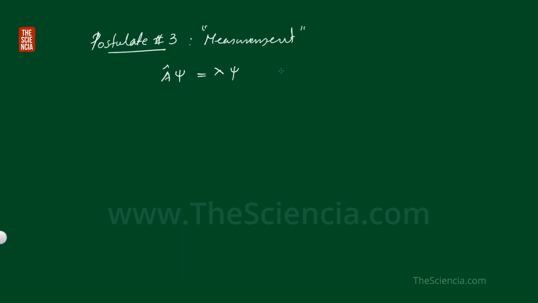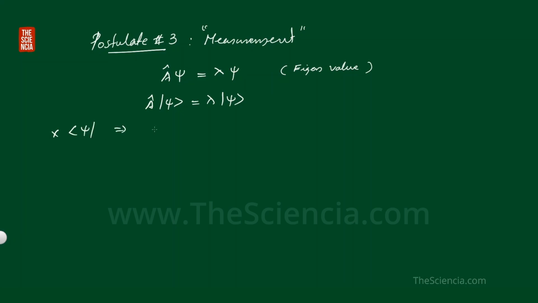So this is an eigenvalue equation. In Dirac notation, we can represent this as operator A ket psi is equal to lambda ket psi, right? And now I am going to multiply this throughout by bra psi.